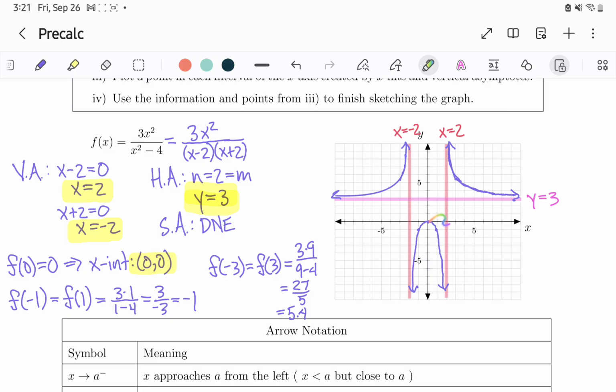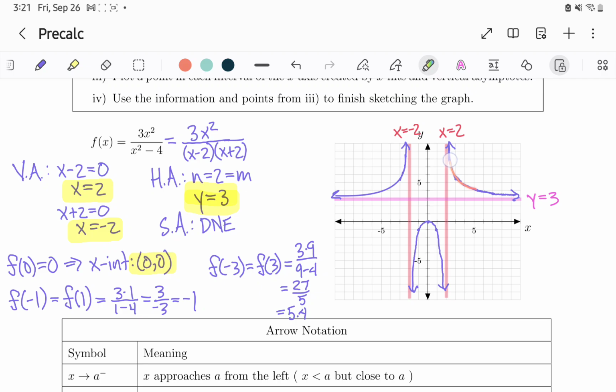Okay, and now if we approach the other vertical asymptote at x equals 2 from the left, we see again in this case that the function's values are decreasing without bound. So f of x is going to -infinity again. And then on the other side of that vertical asymptote at x equals 2, let's approach 2 from the right now.